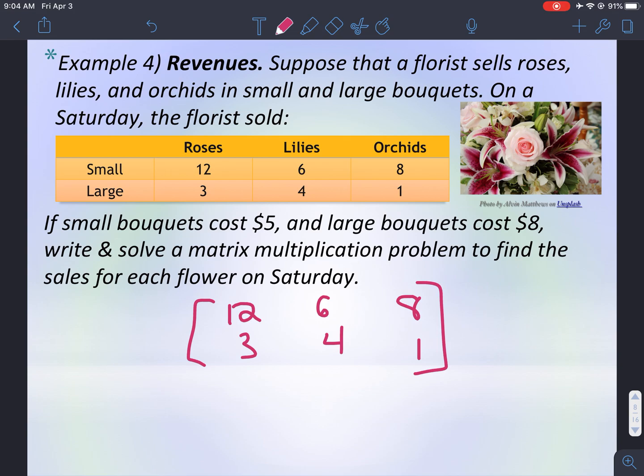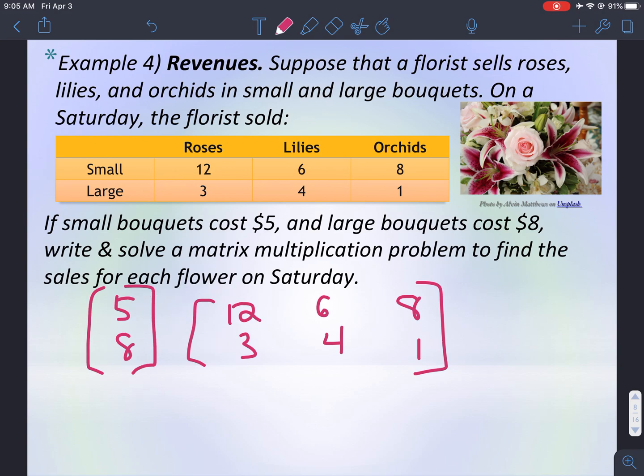So we'll have a matrix with 5 and 8 in it, but it's important to understand that we can't write the matrix like this, because that would not multiply together with a 2 by 3 matrix that is here. 5 times 12, and then there's no number to multiply with the 3.